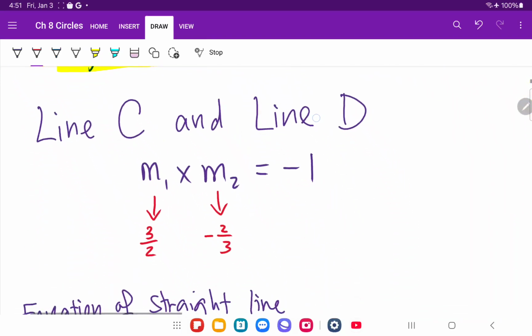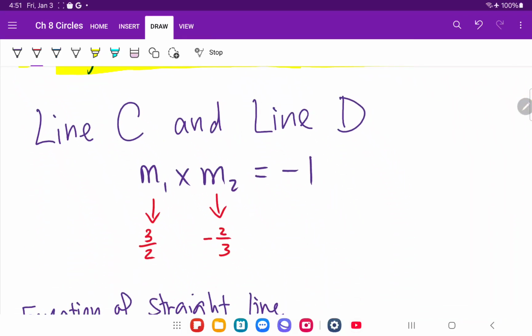Do notice that the fraction actually flipped. Now let's try 2 more. What if m1 is negative 5? Then m2 is positive 1 out of 5. You have to flip the 5 into 1 over 5.